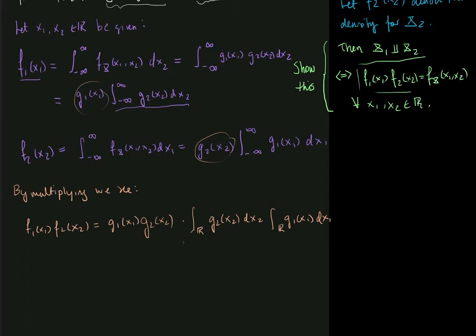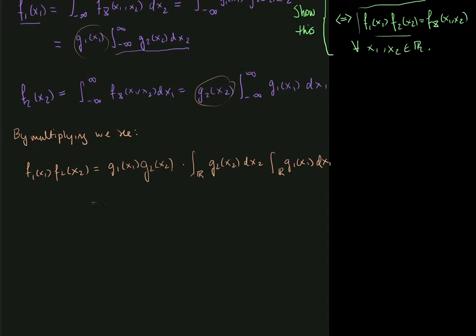We're done now if we can just show that this thing is equal to 1. So we can write that the integral of g2 with respect to x2 multiplied by the integral of g1 with respect to x1 can actually be made equal to 1.